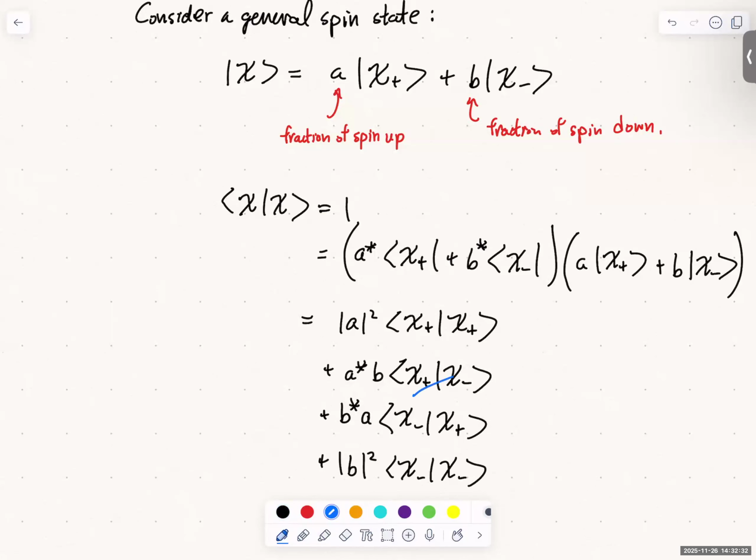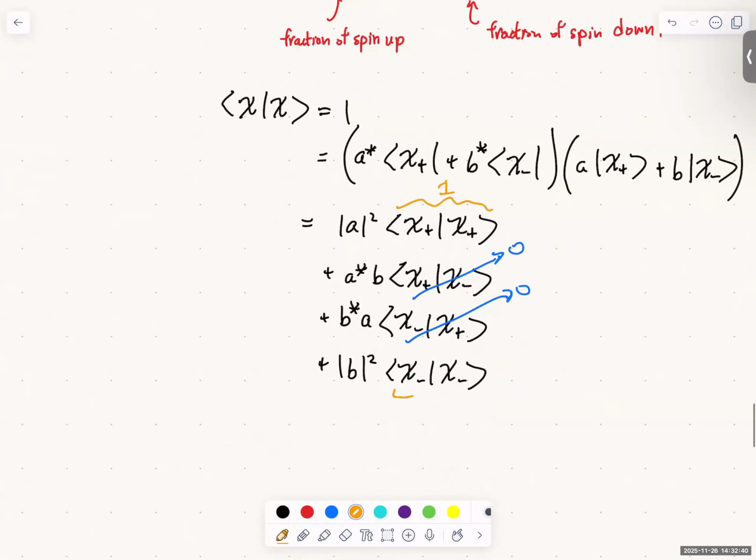And so this should be 0, and this should be 0, and this should be 1, and this should be 1. And that's good because what it means is we're left with just a squared times 1 plus b squared times 1, or it's a squared plus b squared. And we want that whole thing to be equal to 1.